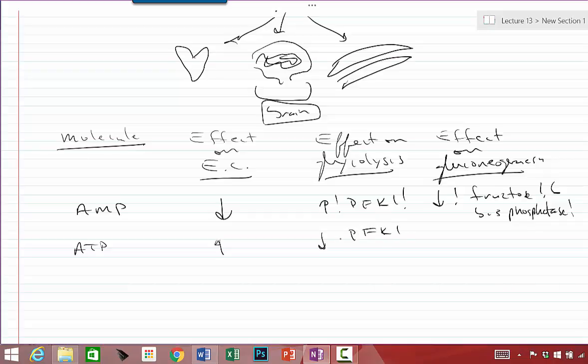And it's also going to decrease pyruvate kinase, which is the 10th step in glycolysis. So both of those will decrease. And there's no direct effect on gluconeogenesis. No direct effect.